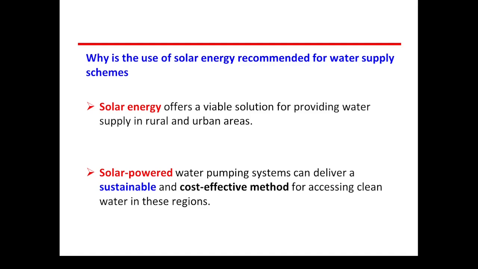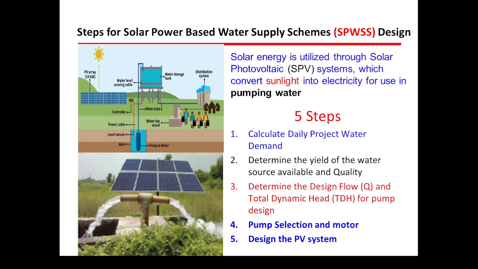Also, solar powered water supply pumping schemes can deliver a sustainable and cost effective method for accessing clean water in these regions of urban and rural areas. So my friend, welcome to this interesting topic of how to design a solar power based water supply scheme.